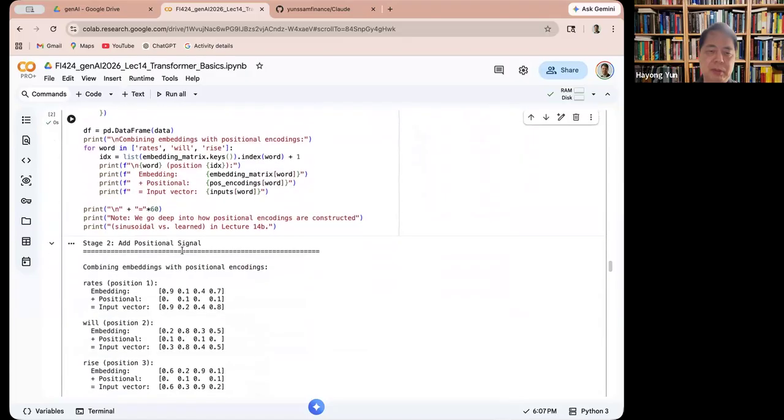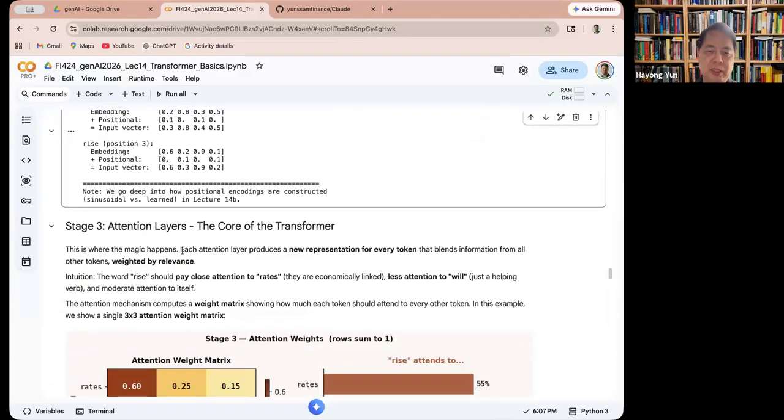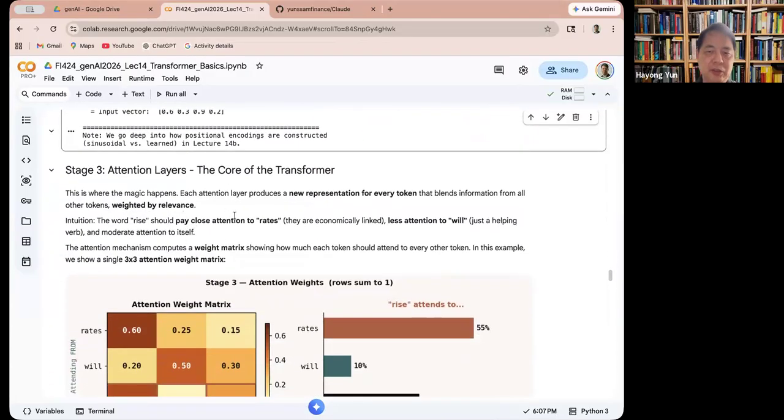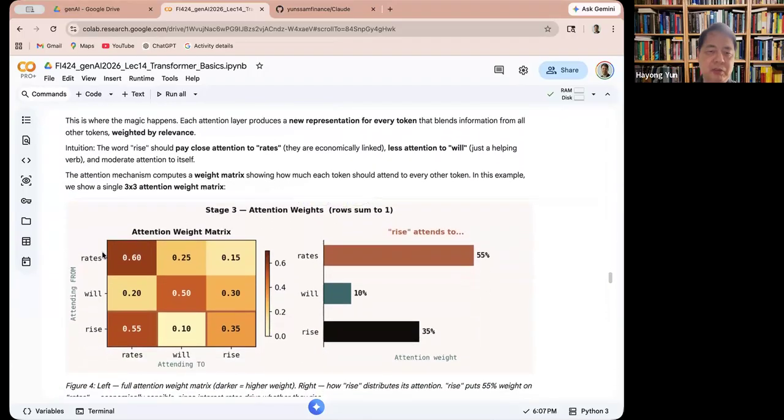Once it remembers where the words are located within a sentence, then we go to the attention layer. Essentially, for "rates will rise," which word is it attending from, and which word is it looking to, the relative relevance to it. You can see that, for example, rise is connected to rates here.